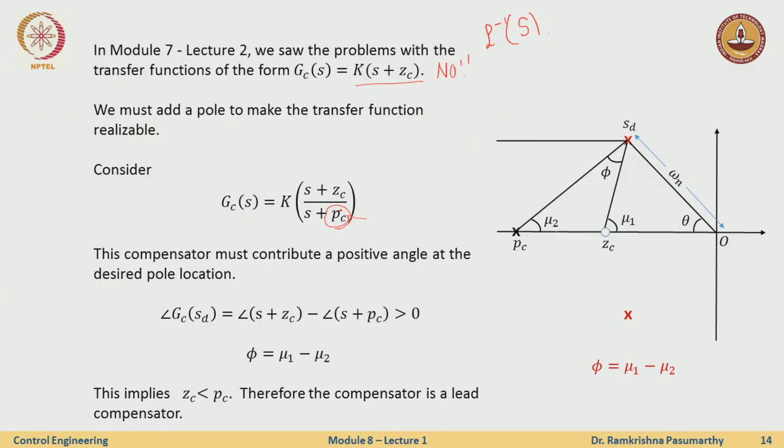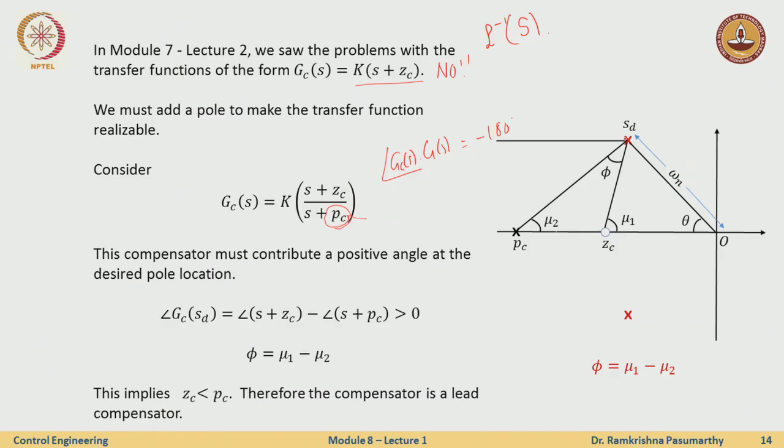Now for this compensator, again the angle of GC and angle of G should always be 180, all those conditions should be satisfied. Earlier only the 0 had to contribute a certain angle, now I have a 0 and a pole, so these two together should contribute an angle phi.